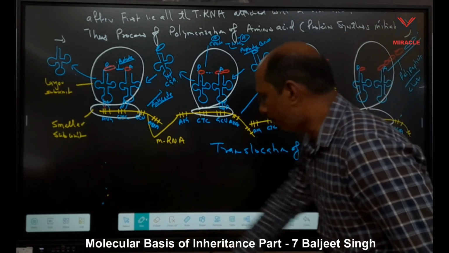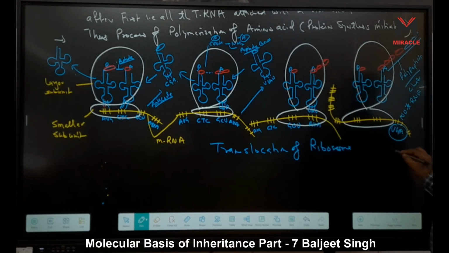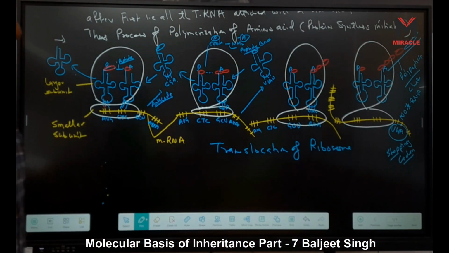The formation of the chain stops, because there is no transfer RNA for UGA. So it is called a stopping codon. So due to the absence of any more transfer RNA, this process is terminated.